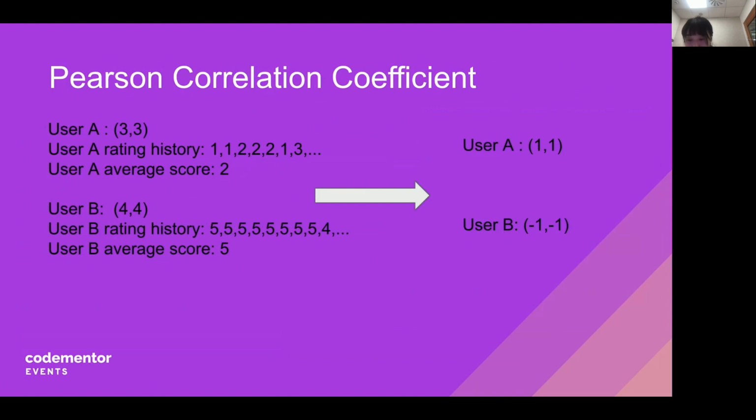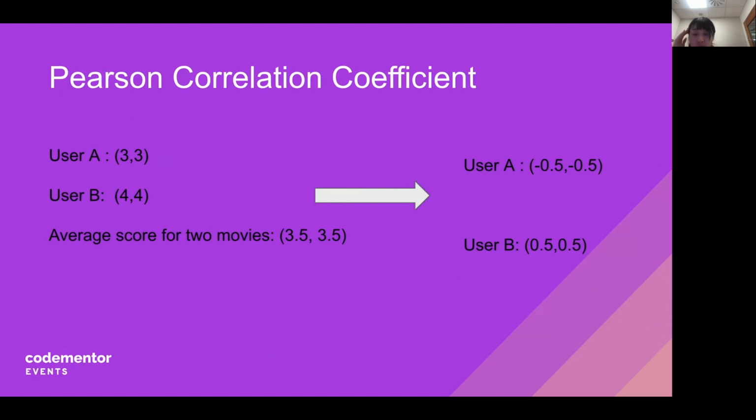To introduce calibration, we subtract the user's average score computed from the past behavior from each vote. And then after the calibration is applied, user A's vote is 1, 1, and user B's vote is -1, -1. Now the cosine similarity between these two users is -1, indicating that they are indeed very different.